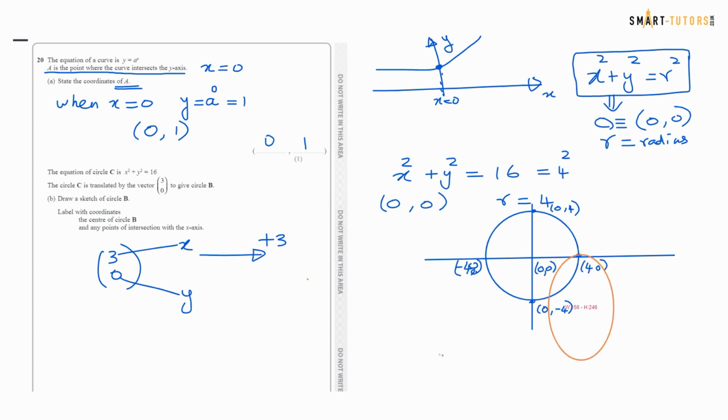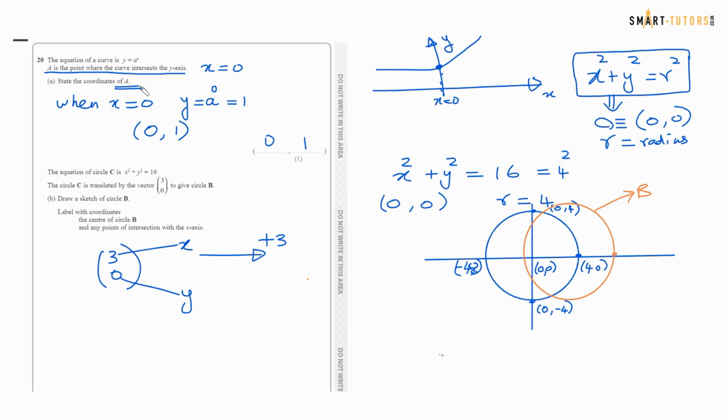So let's do it. Another circle, something like that.